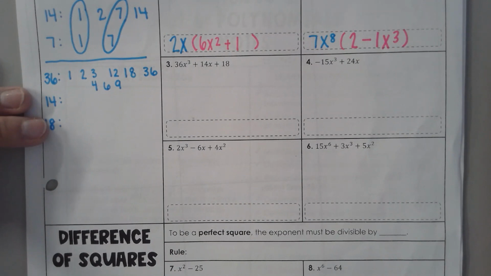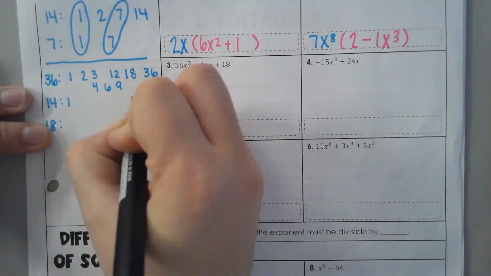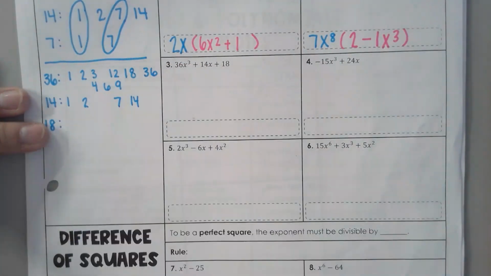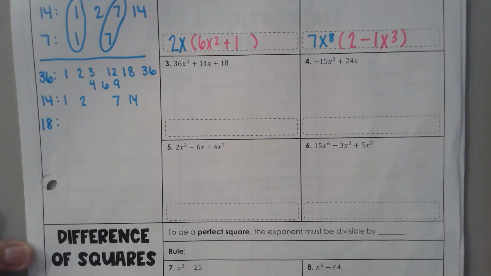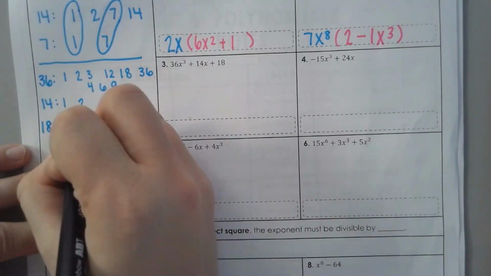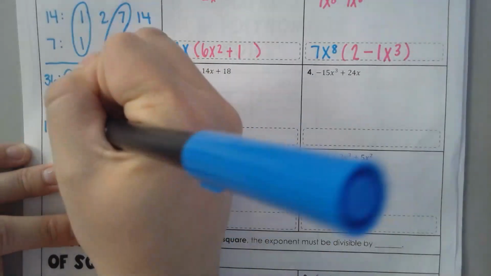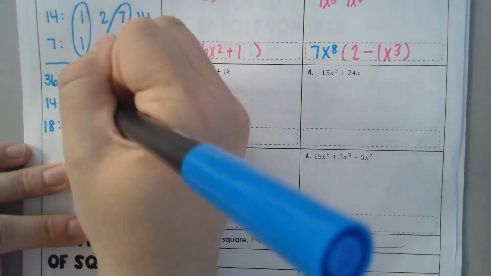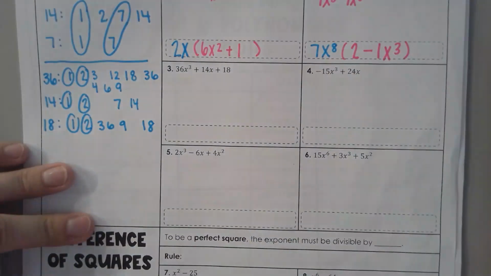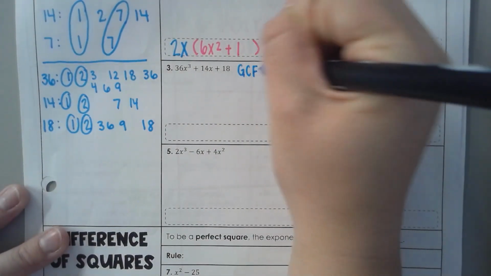So all of those are factors of 36. 14 would be 1 and 14, 2 and 7. 18 is 1 and 18, 2 and 9, 3 and 6. So they all have 1s in common. They all have 2s in common. Nothing else. So the GCF of those 3 numbers is 2.